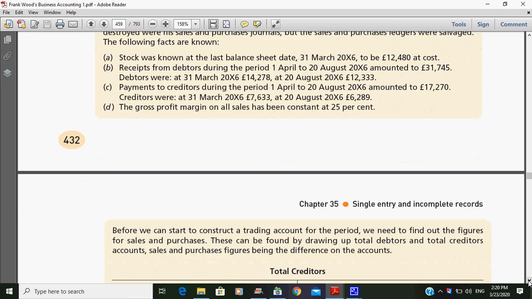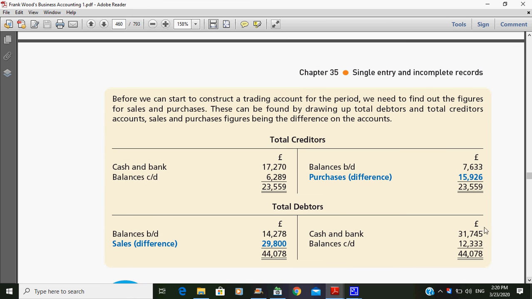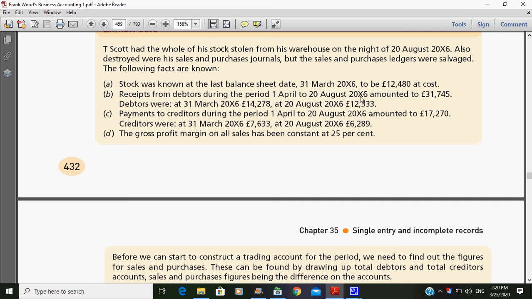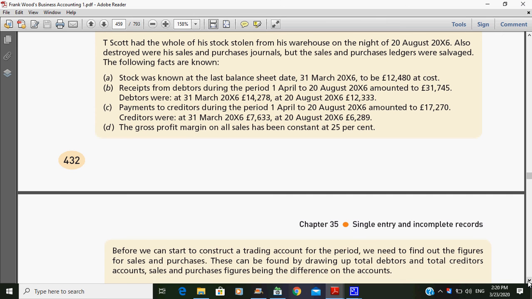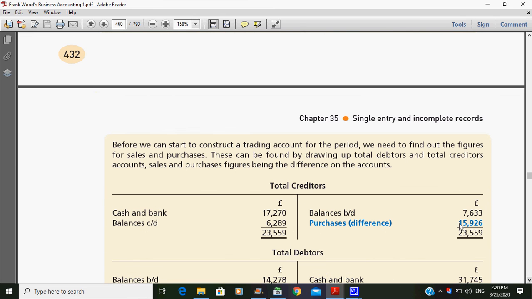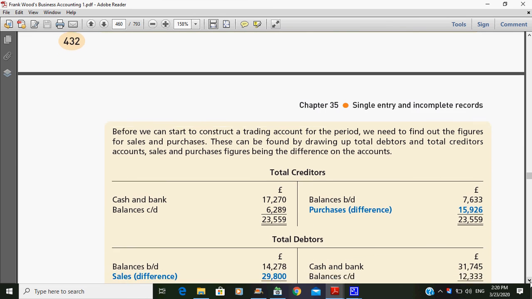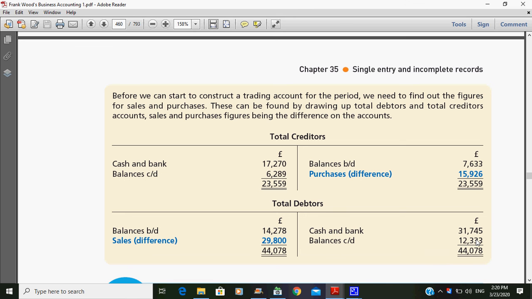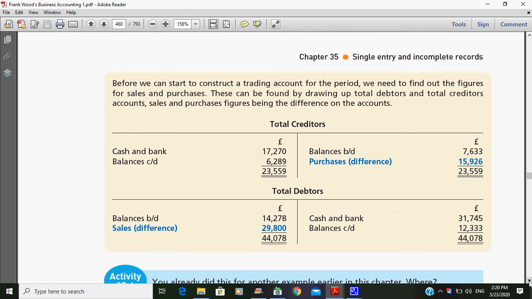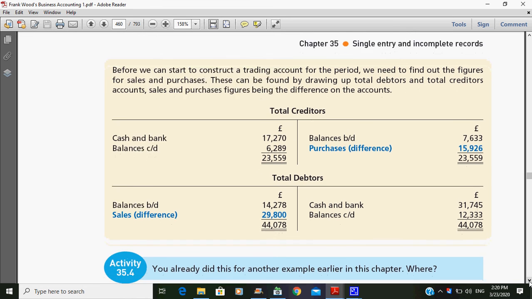Then you have cash at bank, which is the amount received, 31,745, and the balance for debtors now will be 12,333, which will go on your credit side. Add them both up, you get 44,078, minus 14,278 from this one, you get 29,800. Alright? Just watch this carefully, observe what is being done, and follow, please.